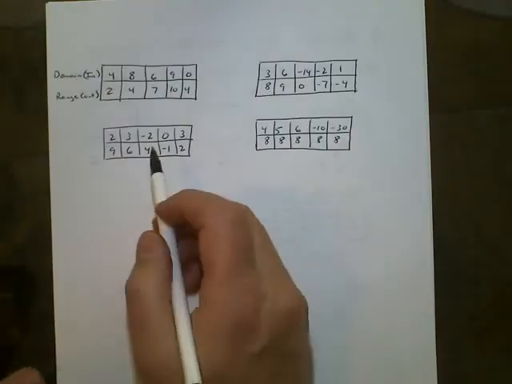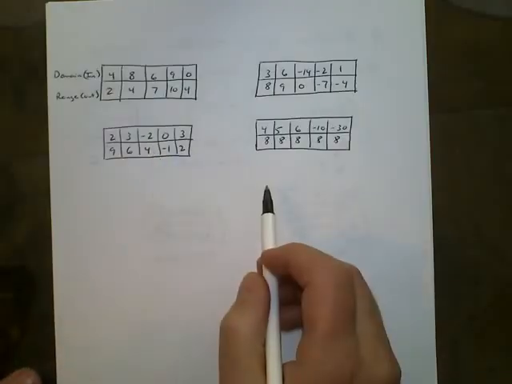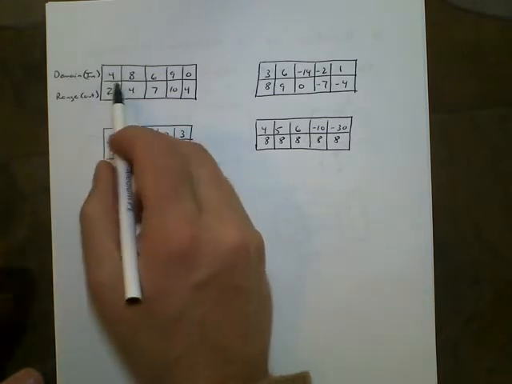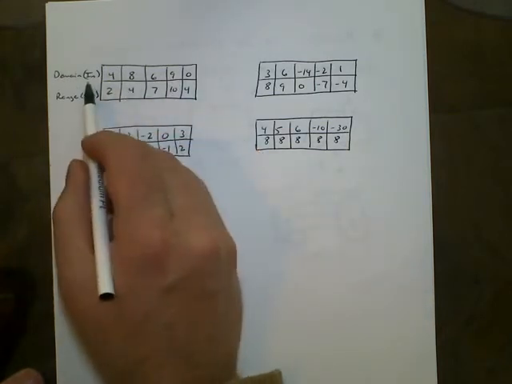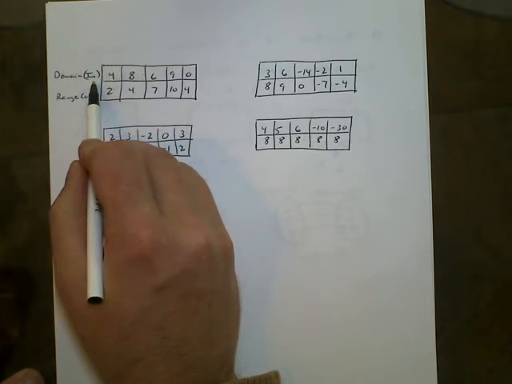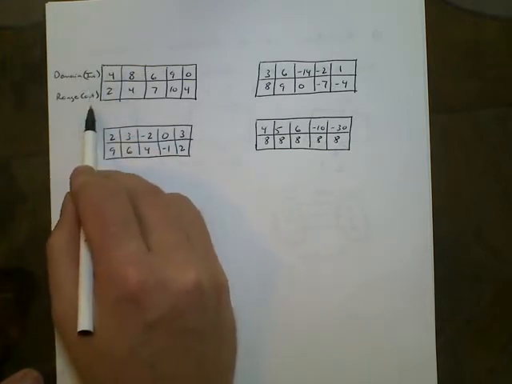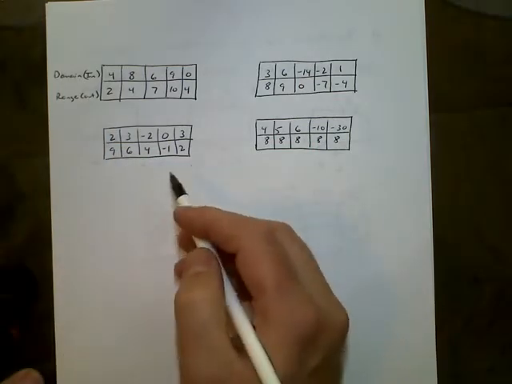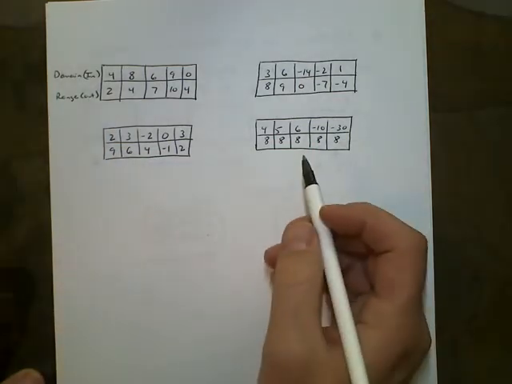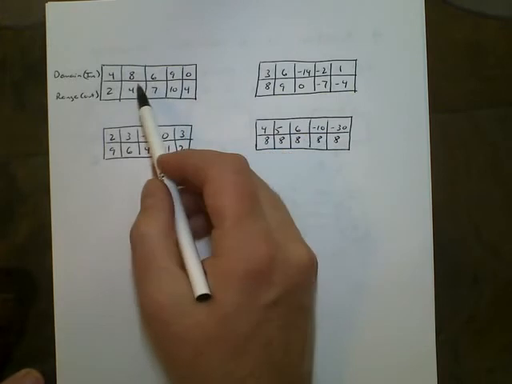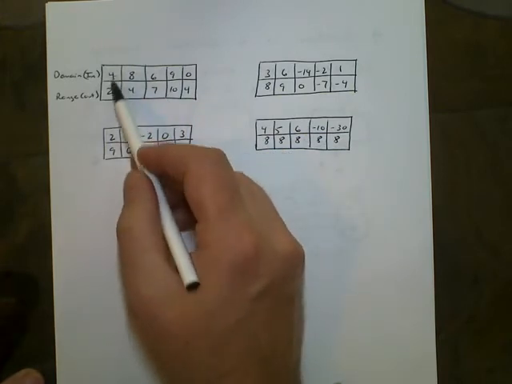So here are 4 examples. We want to try and determine whether or not these things are functions. The top row for each one is the domain, meaning our input values. And the bottom row is the range, meaning our output values. Typically for functions that we deal with, the input is the x and the output is the y. So for example, in this particular relation, you put input 4, it spits out a 2.